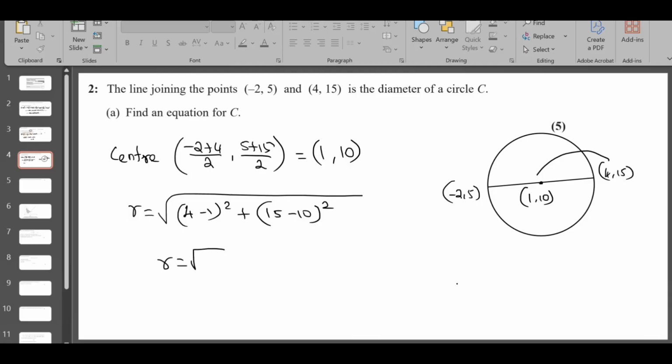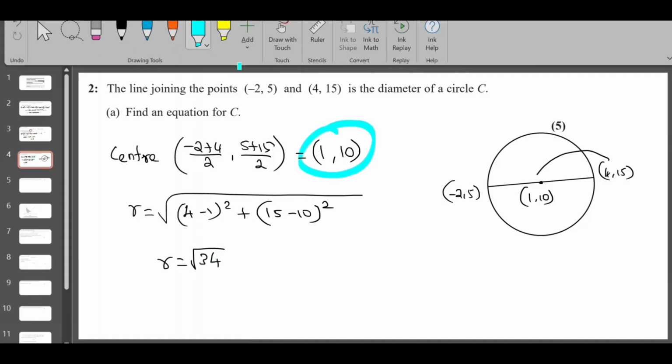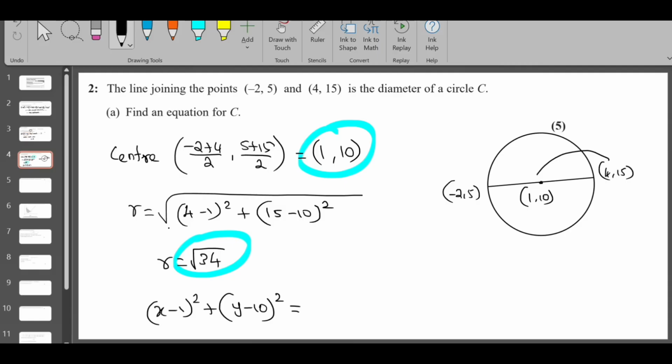Write it as the square root of 3 squared is 9, 5 squared is 25, so 34. You can write the equation of the circle using this center and radius. So the equation is (x minus 1) whole squared plus (y minus 10) whole squared is equal to r squared, and r squared is 34. That's the equation of the circle.